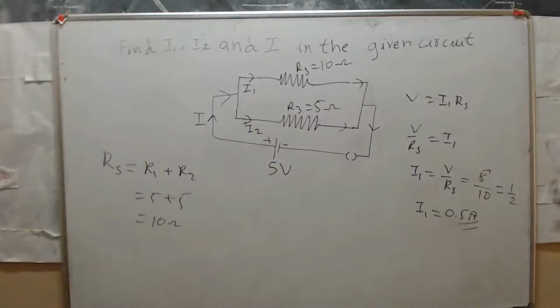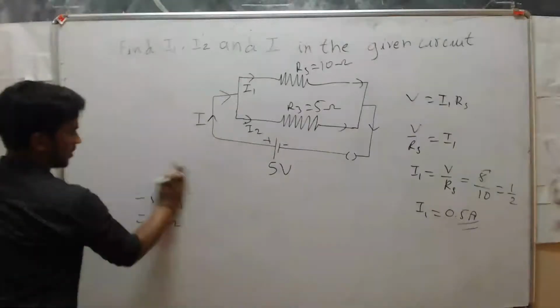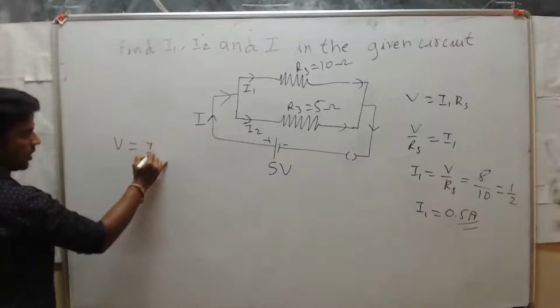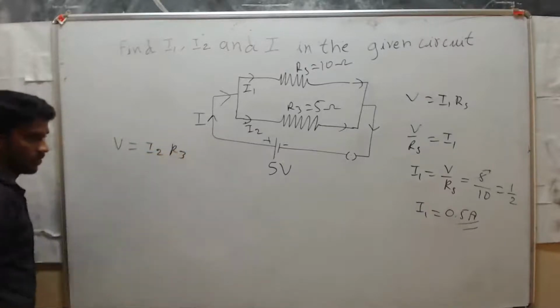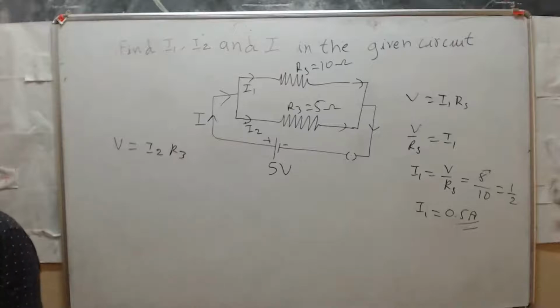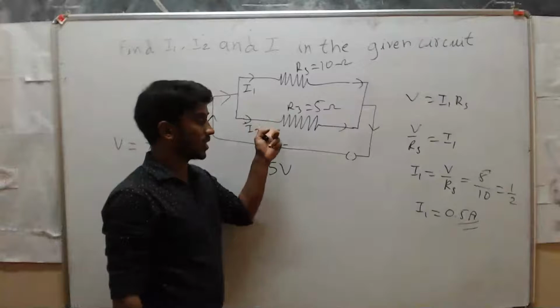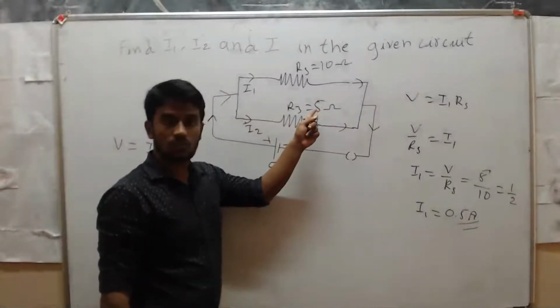So now you can calculate I2 easily. Here there is only one resistor, so here you can directly use this formula: V is equal to I2 into R3. I2 is the current through this resistor, whose value is 5 ohm.